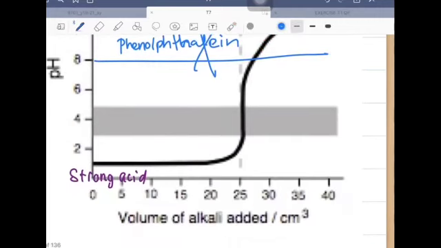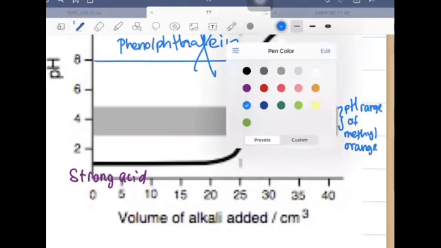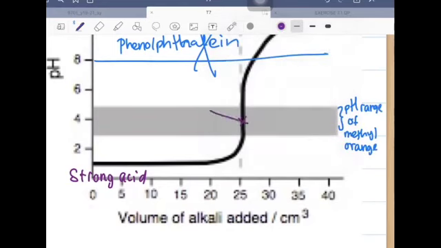We can use methyl orange because the range of methyl orange is between 3.2 and 4.4. So that's the pH range of methyl orange. Okay. And this is also where your equivalence point is.